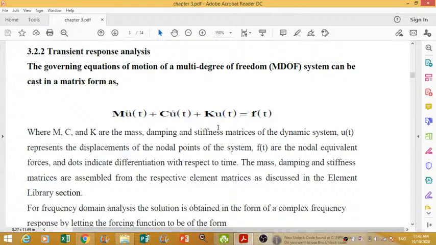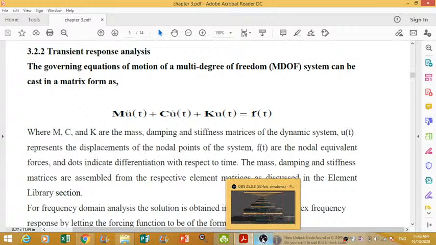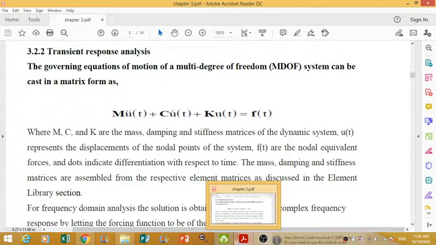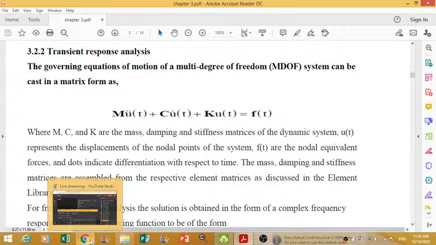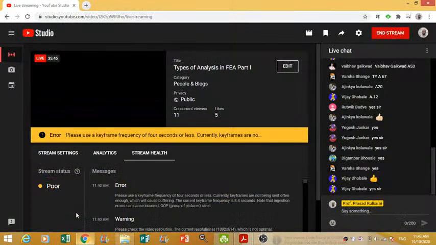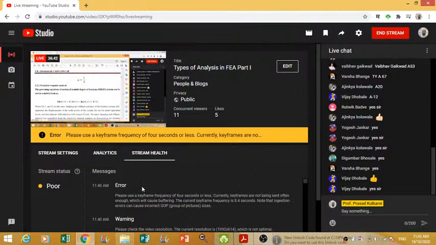All components which are rotating, for example, analysis of the solid shaft, hollow shaft, propeller shaft in the automobile, and different types of bars, rods, and even automobile body and chassis also, I recommend going for the transient response analysis. I remember 5 years ago our students used to manufacture a solar vehicle in our college, and there was a lot of scope for their analysis.